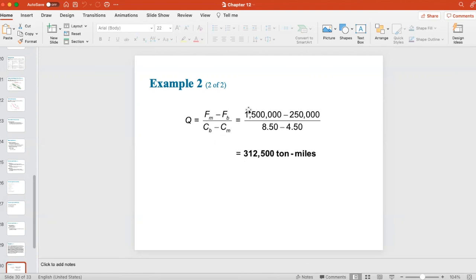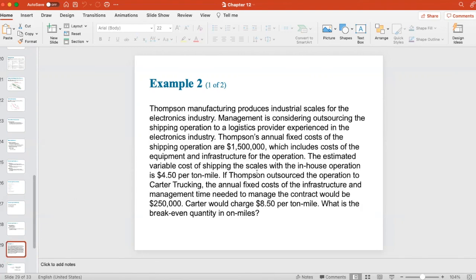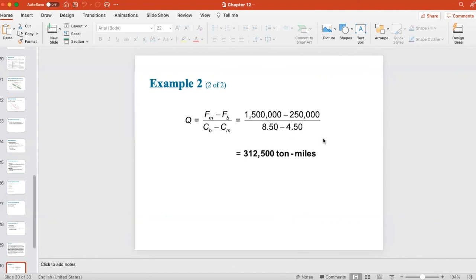You can easily grab that information from the context and plug it into this equation to get the break-even order quantity. Finally, this break-even order quantity will be 312,500 units.